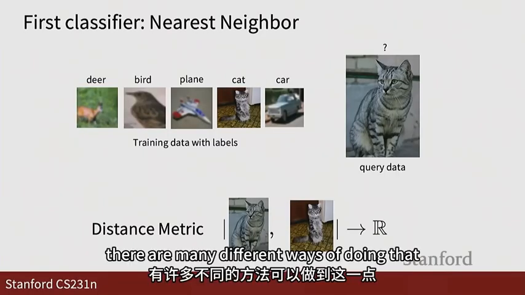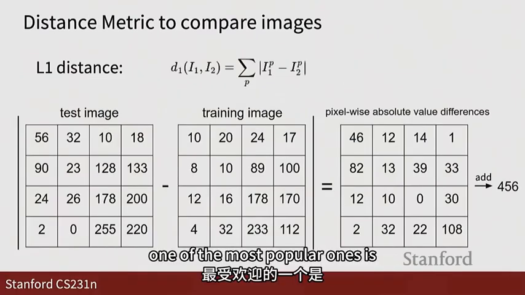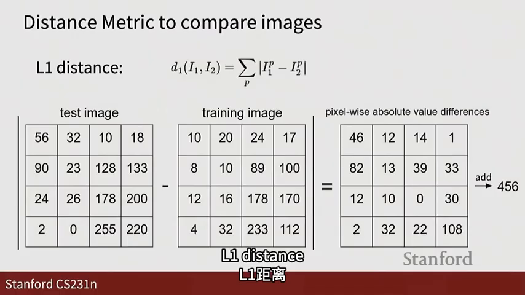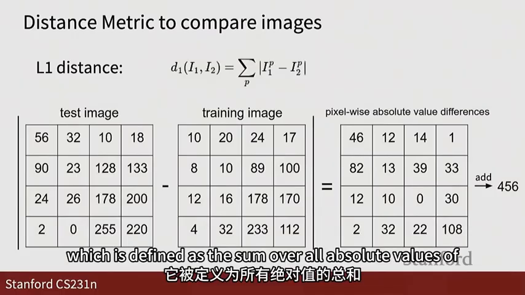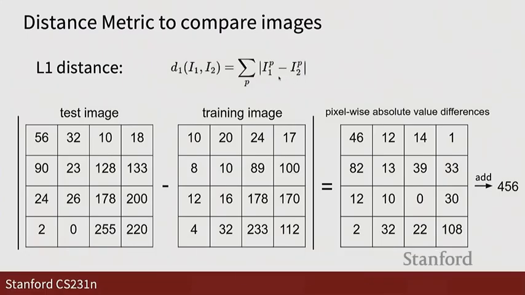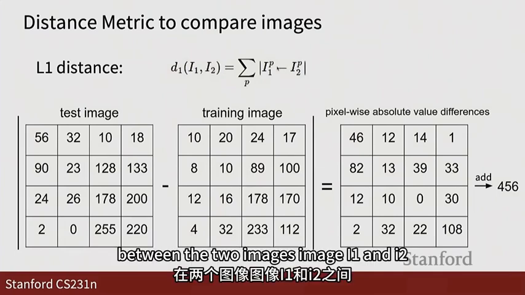There are many different ways of doing that. One of the most popular ones is L1 distance, which is defined as the sum over all absolute values of pixel differences between the 2 images, image I1 and I2.